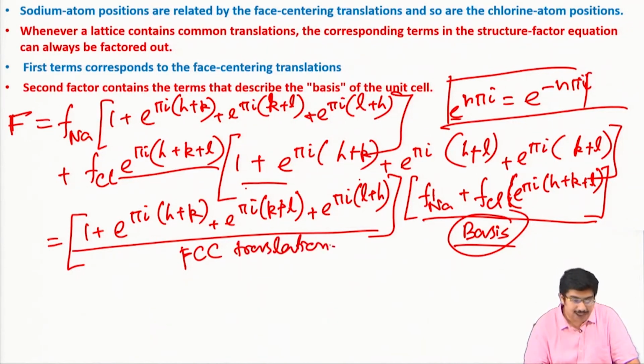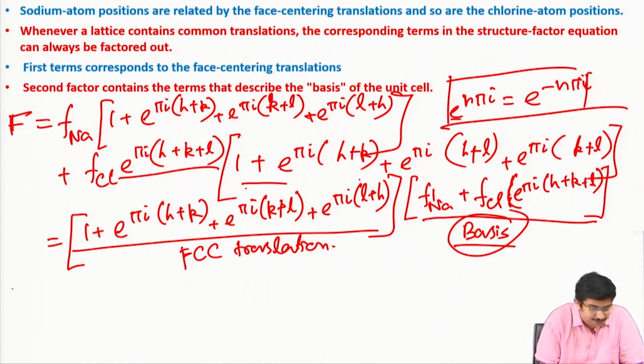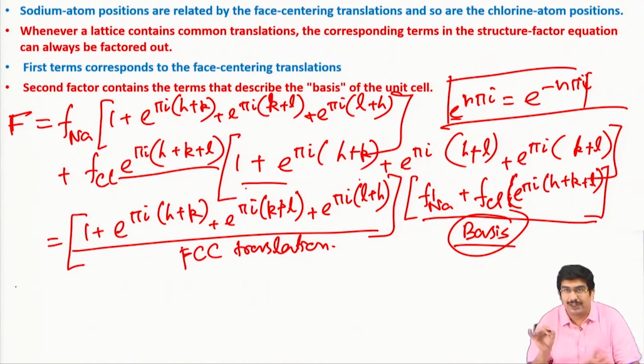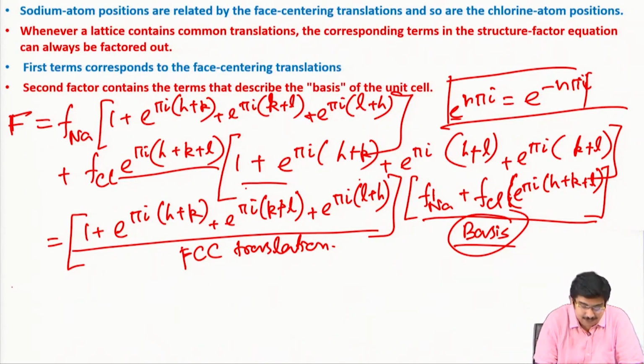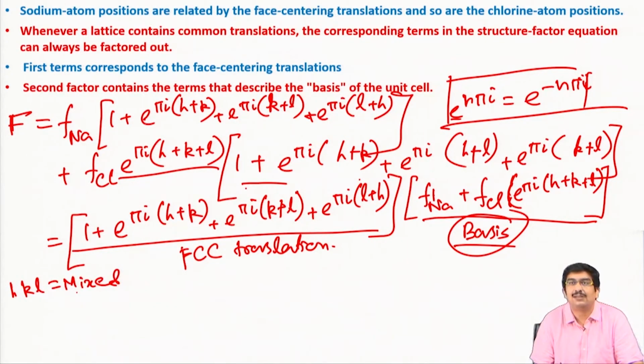Now, how do I solve this thing? This one is known to us, how to solve this one. So, let us first imagine when we will get no intensity. Let us first derive that, it is easier. If HKL is mixed, we have already seen this in the case of an FCC cell, this part is 0, ultimately F will also be 0.